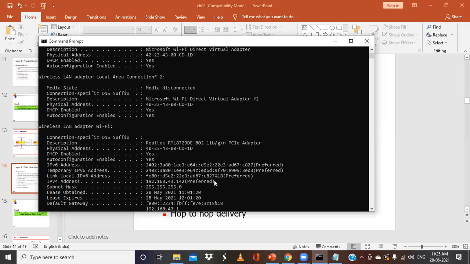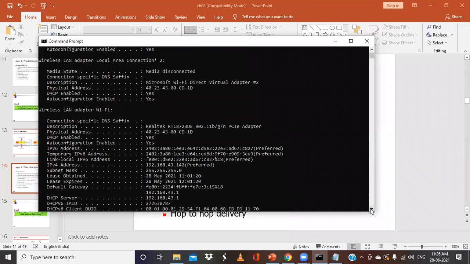This is my current IPv4 address that my system is connected to. I have connected to a Wi-Fi connection, and this is my IPv4 address. This logical address will be unique for every system which is connected to the internet, and we have the physical address, or MAC address. So you can see this physical address.